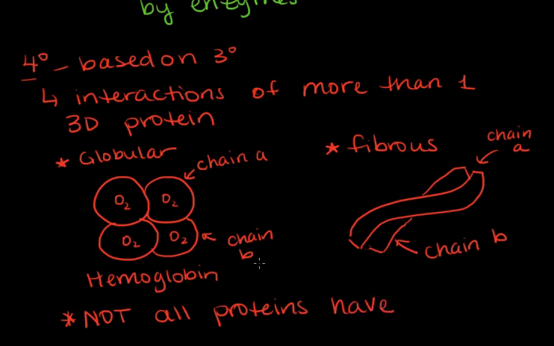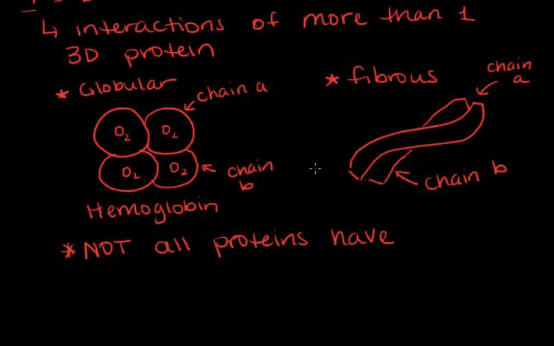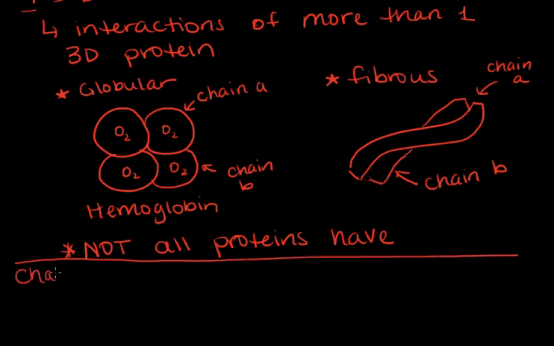So the final skill that you should be able to master is how would changing the primary structure affect quaternary structure, affect tertiary structure, affect secondary structure. And so we're going to work on this more in class, changes to primary. And I'm going to say it depends on the change.